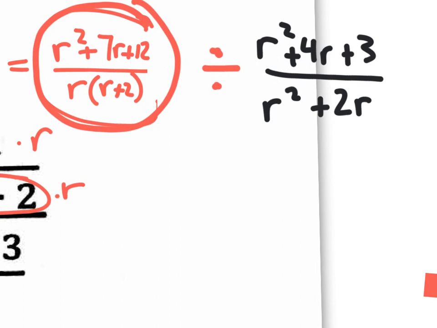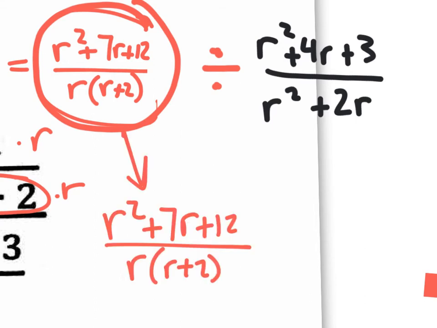Now we know that division becomes multiplication as long as we flip the second fraction. So the first fraction, I'm just going to rewrite it. And the second fraction, I'm going to change it to multiplication, and I'm going to flip it. So the r squared plus 2r that was on the bottom is now going to be up on top.